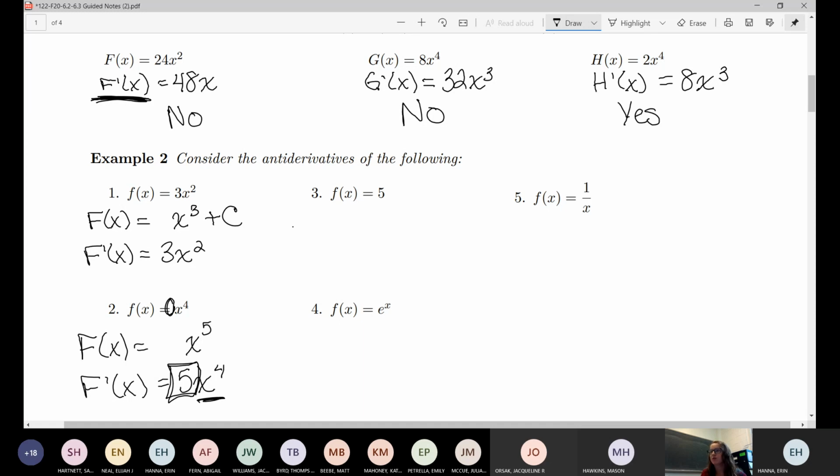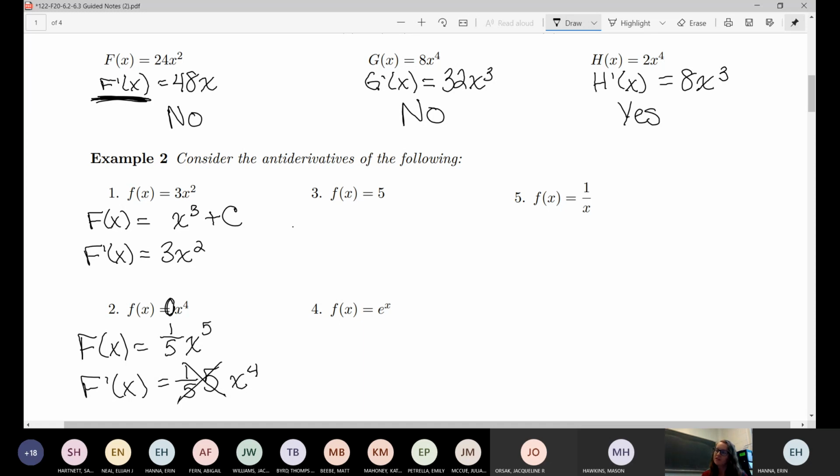So think about what you can do to get rid of that 5. If I had a 1/5 in the front, and then I take the derivative, the 1/5 comes along for the ride, and then when I bring the 5 down in the power, those two cancel each other out.